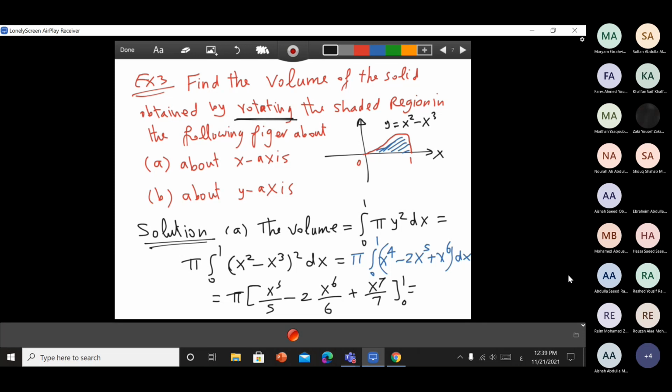Now what I should have is pi times 1 over 5 minus 2 over 6 plus 1 over 7. That's it. Everything left is 0. You can find this one. This is in unit cubed. This is the volume when I'm rotating about the x-axis, right? So yes, this shape, when you're rotating about the x-axis, will be like that. Okay.